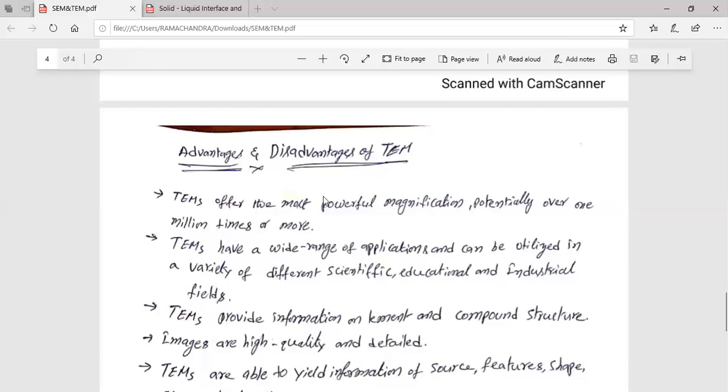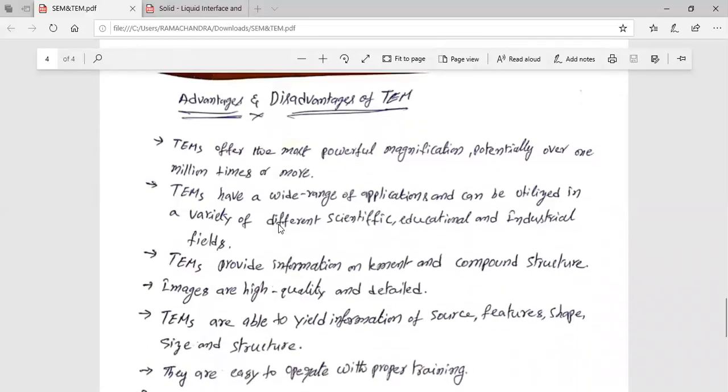What are the advantages of transmission electron microscopy? TEM offers the most powerful magnification, potentially over 1 million times or more.